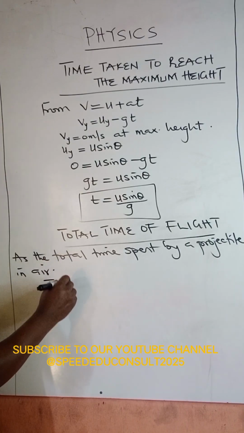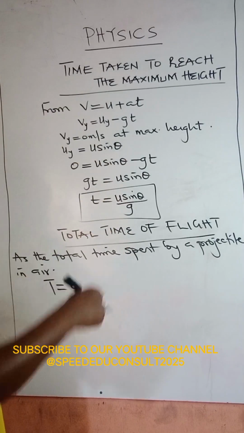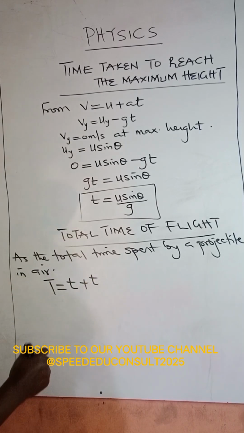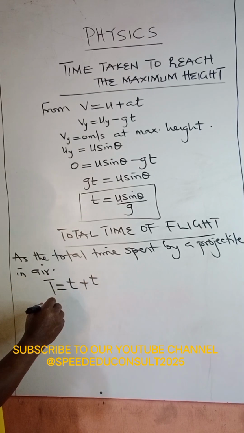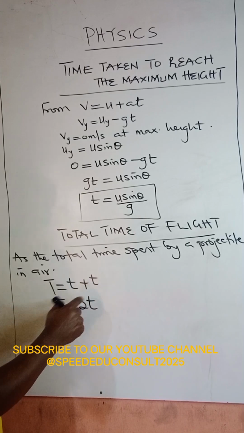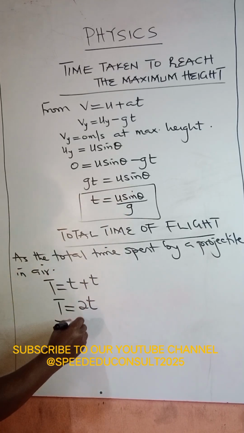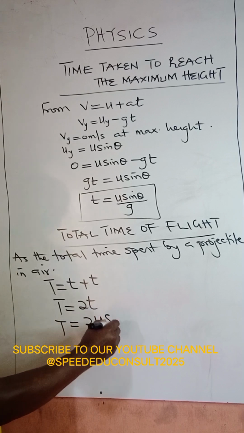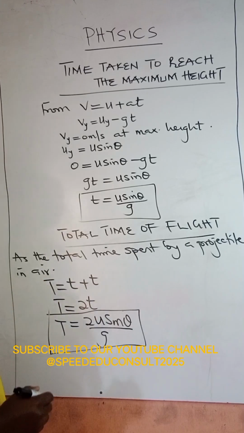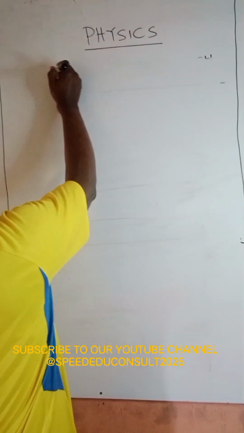Meaning the time taken for upward motion is equals to the time taken for downward motion. So it will be t plus t, so T is equals to 2t. Our t is equals to u sine theta, so it will be 2u sine theta all over g. This is the formula for finding total time of flight.